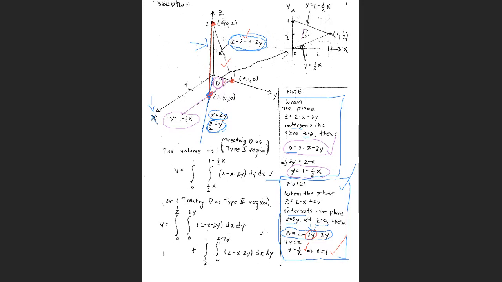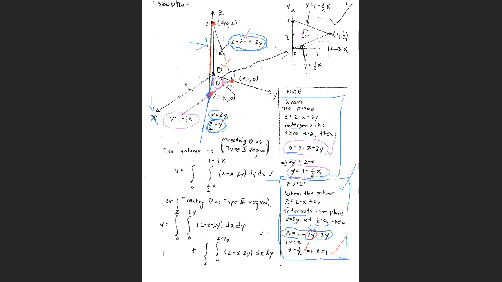So you can see based on the picture here, and this point is the origin, obviously. You can see based on the picture, if I take this triangle here and draw it in 2 dimensions, this is what we're going to have. And the corners are appropriately labeled.